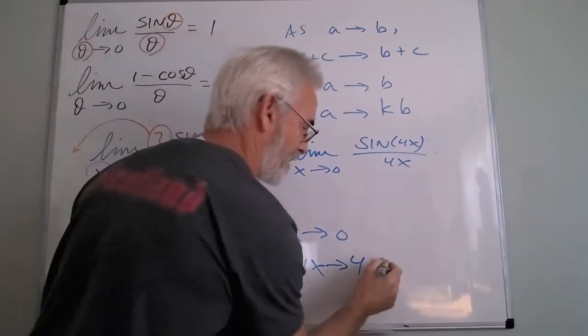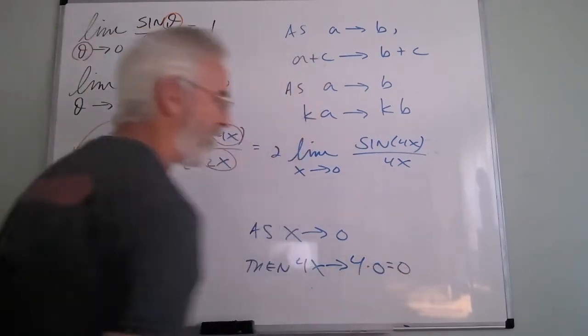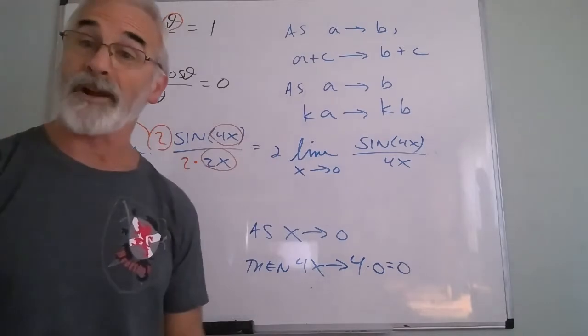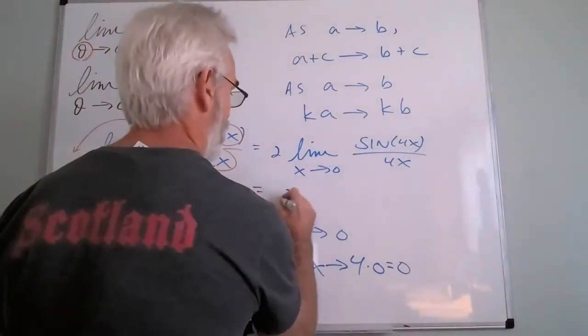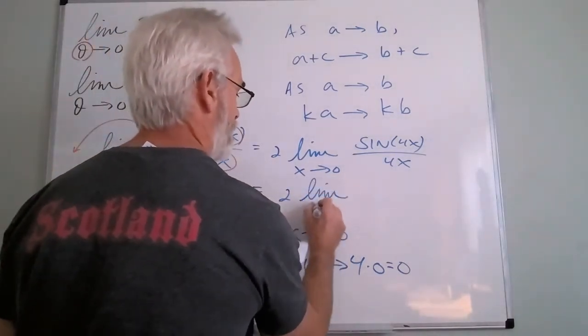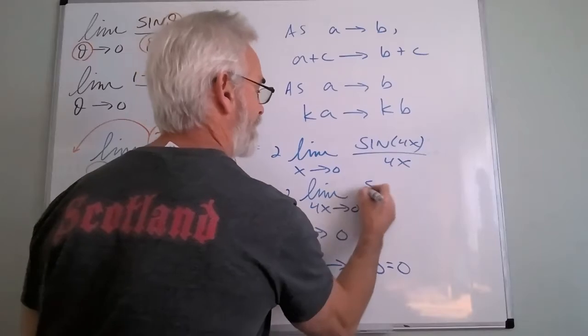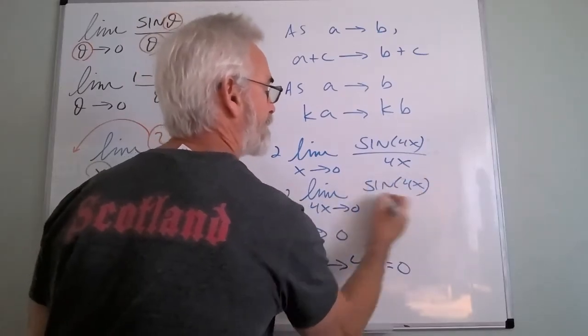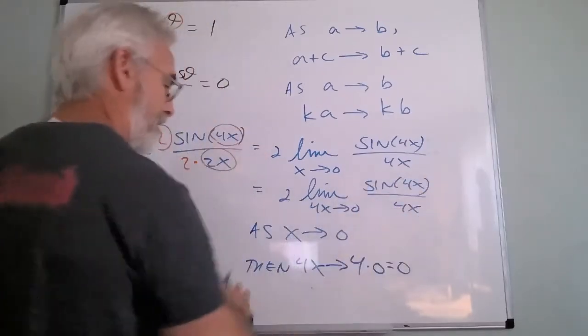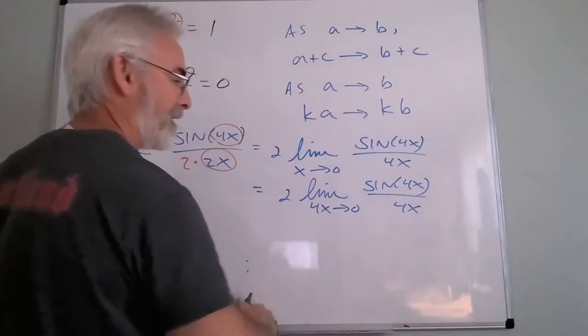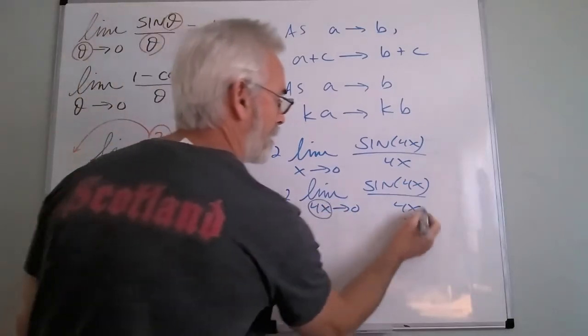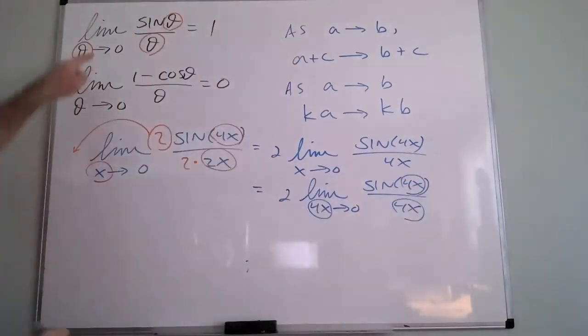And 4 times 0 is 0, so as x approaches 0, 4x will also approach 0. So I can now say this, and that was the last piece of our grand puzzle. Notice, that's my theta.